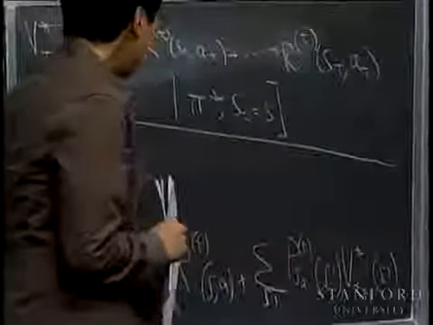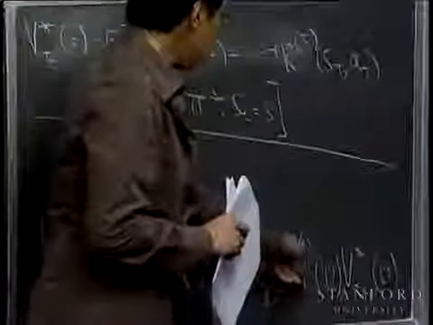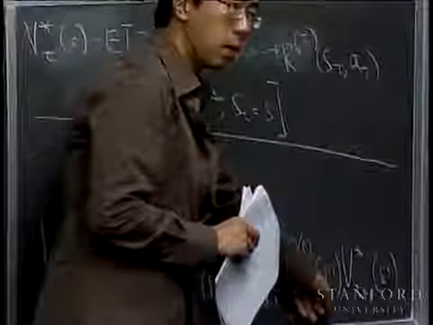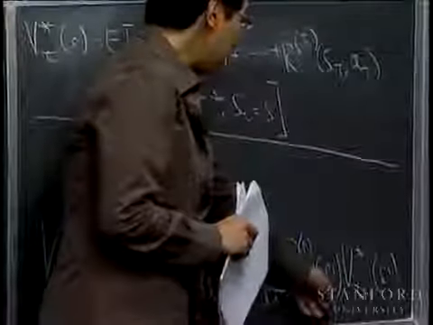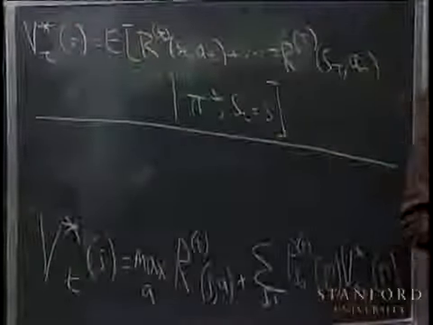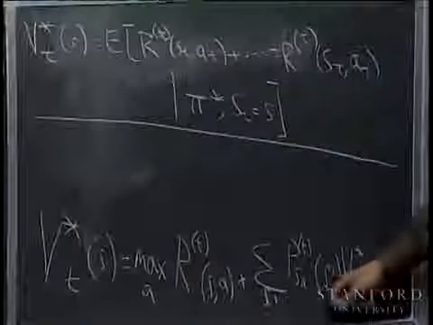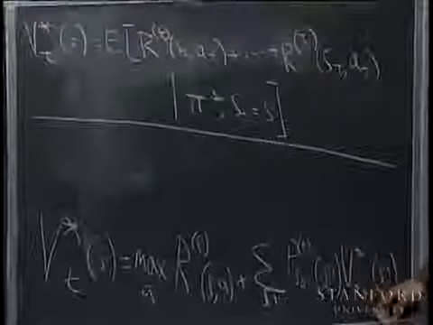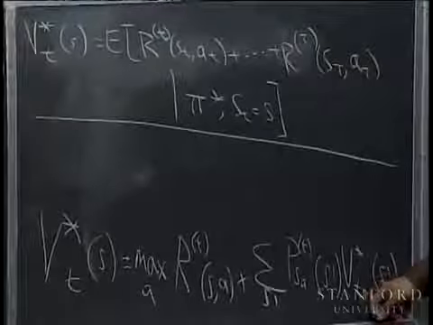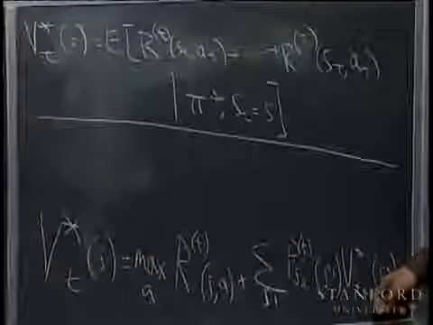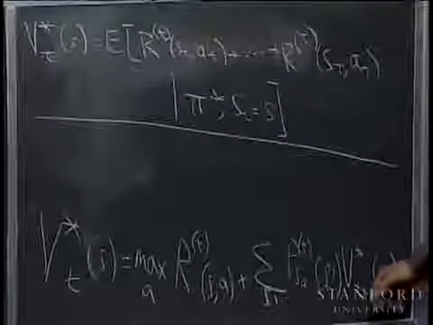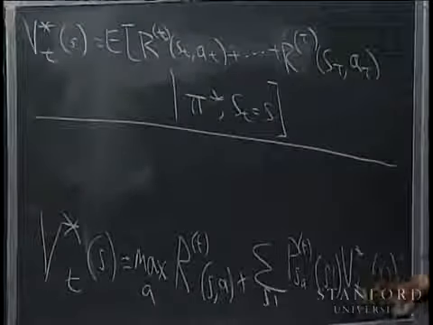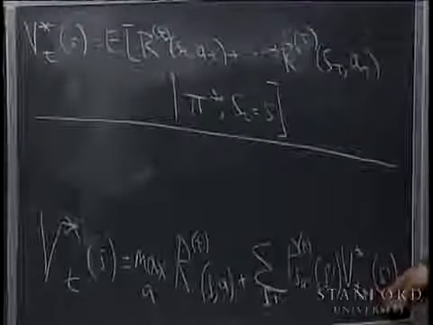So if I take an action A, I would transition with transition probabilities P subscript SA S prime to some new state S prime. And if I get to the state S prime, my total expected payoff from the state S prime will be V star, now subscript T plus 1, of S prime. This subscript T plus 1 reflects that after I've taken one action, my clock will have advanced from time T to time T plus 1. And so this is now V star subscript T plus 1.